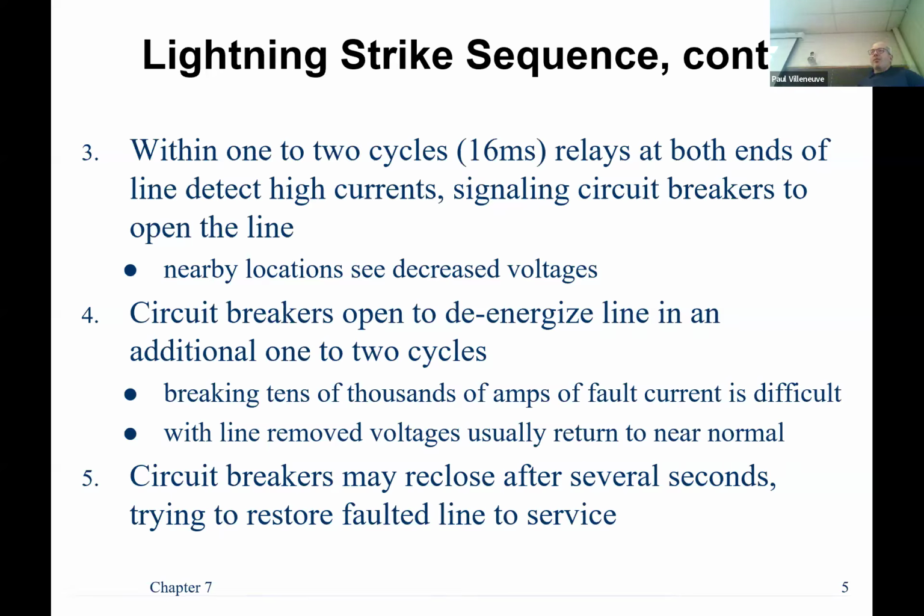Anybody have a problem trying to break 10,000 or hundreds of thousands of amps? One thing about a lot of current is you also have some physical forces, right? Because if you remember from your Emags days, when you have a current flow, you can generate forces. Well, actually pulling apart those connections in your breakers, it takes a lot of work. That's why opening a light switch is no big deal, right?